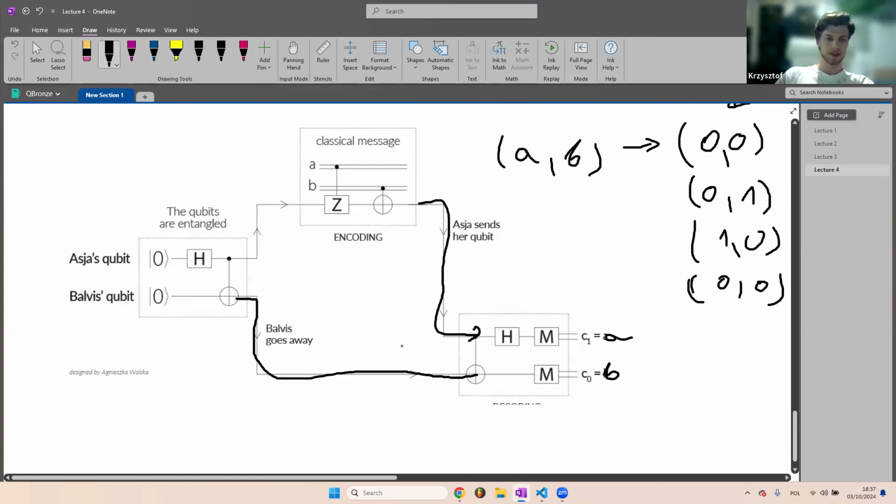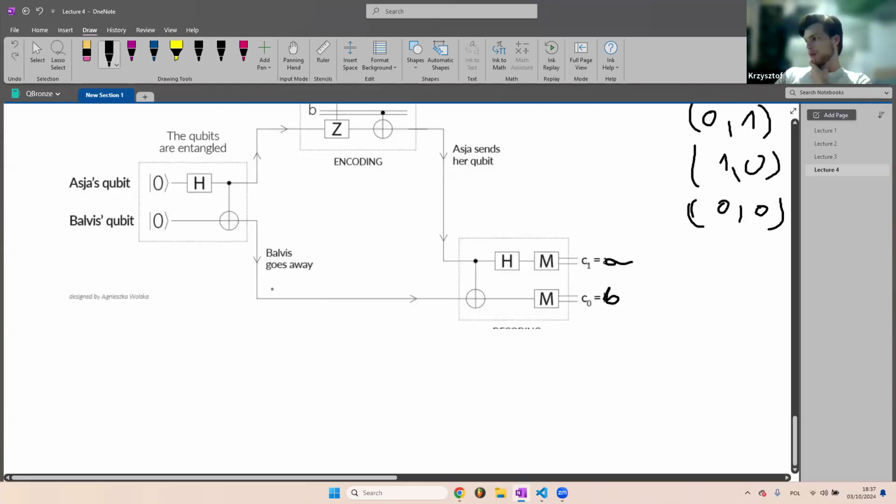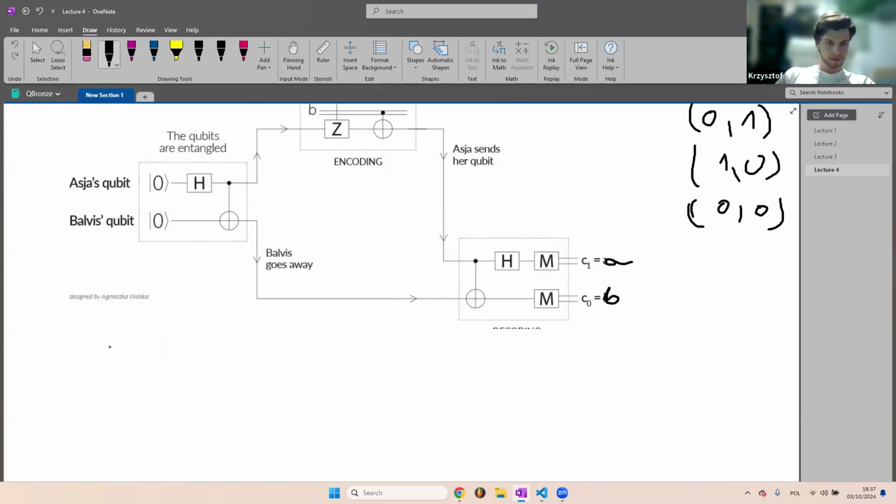The other qubit he's keeping to himself. He doesn't need to send it. So let's also go step by step through this algorithm.